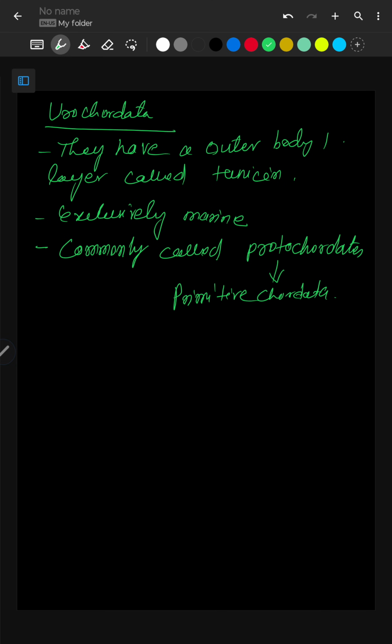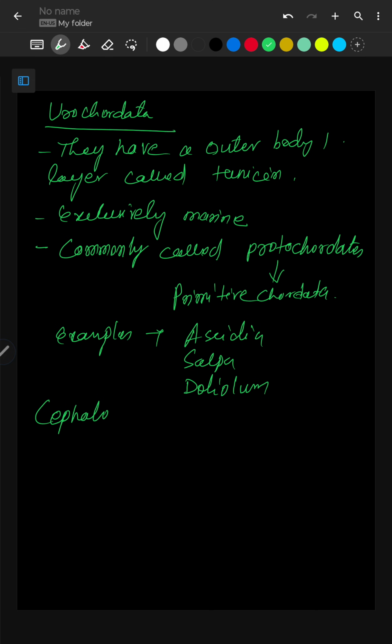Now the examples are Ascidia, Salpa, Doliolum, etc. Now come to the Cephalochordata. The unique feature I have already told you, so I am not repeating.